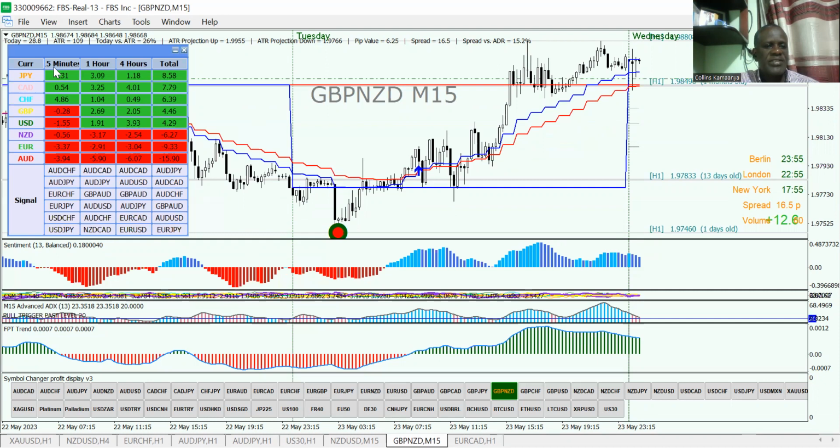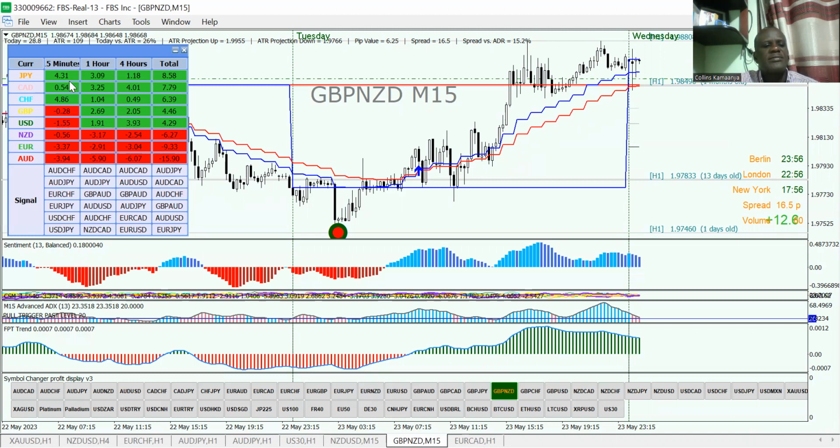And from the table here, you can see JPY is leading in the table at 38, followed by CAD, then CHF, then GBP, then USD. Then the red currencies are the weak ones for that day. The weakest is AUD, followed by EUR, then followed by NZD.